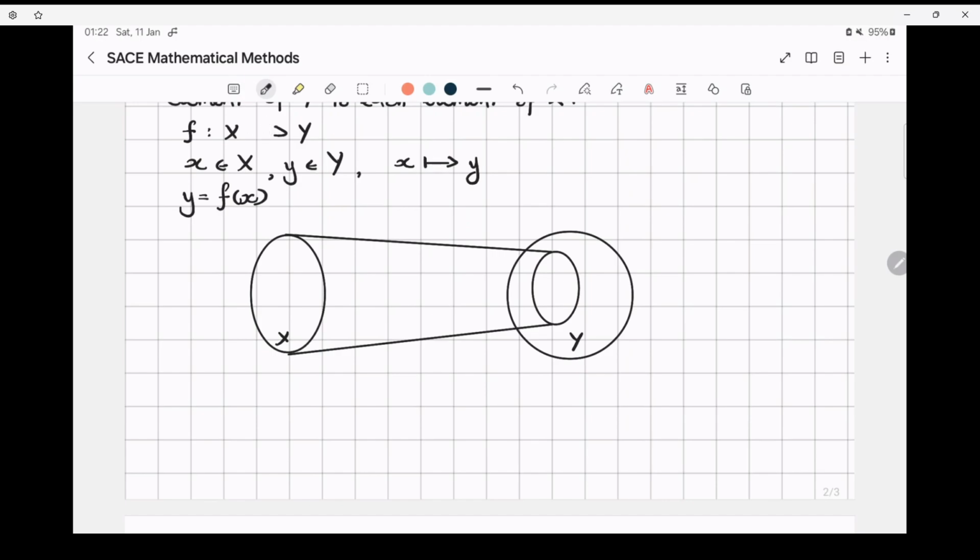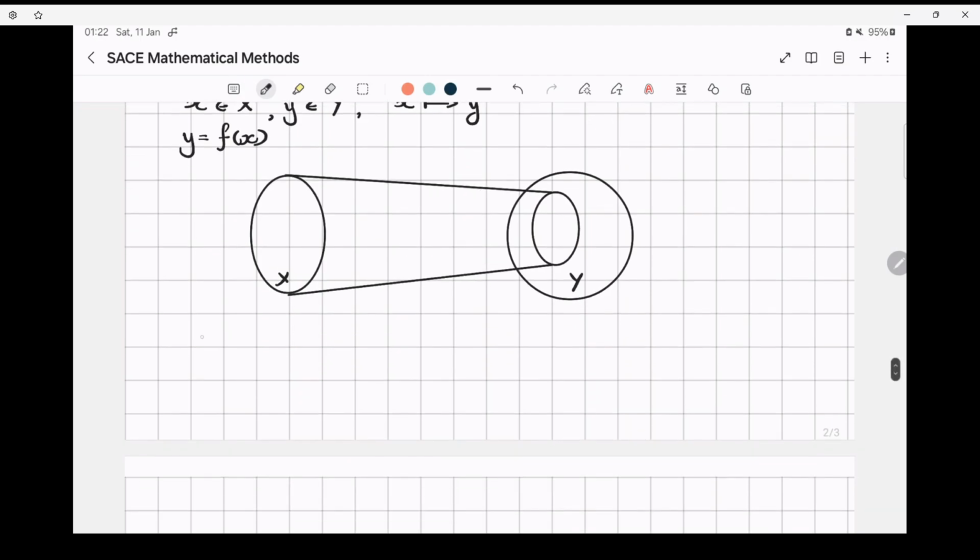So in this particular case, we can call X our domain, Y we can call the codomain, and let's say this smaller subset is f(X), and f(X) will be called the range.